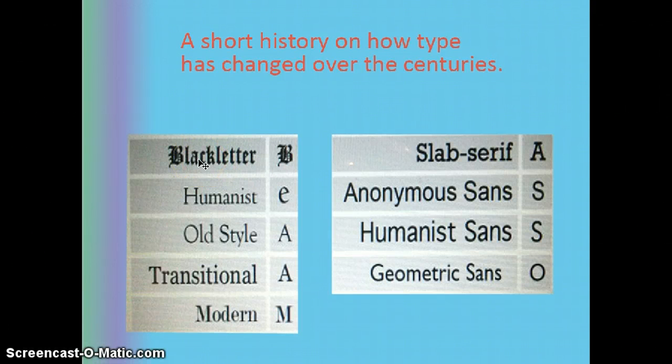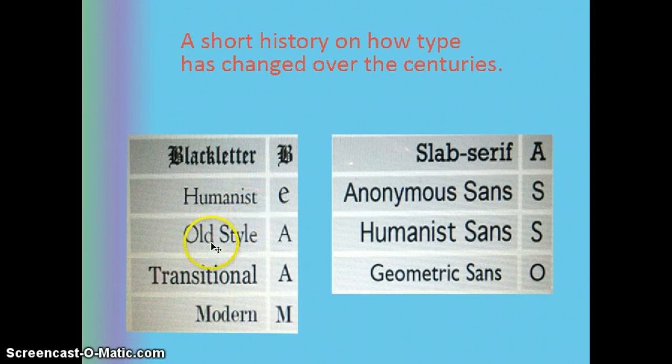And then time goes by, and the next, humanist type, came. It looks like Roman, but it's still in the humanist mode. If you look here, they have a serif look, and it kind of looks like handwriting still.